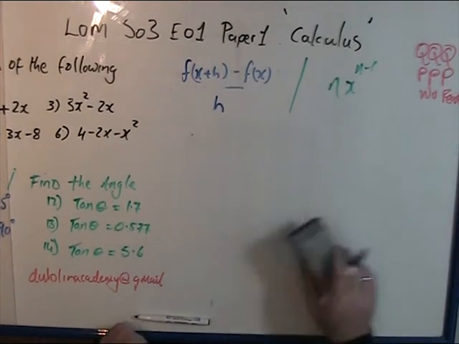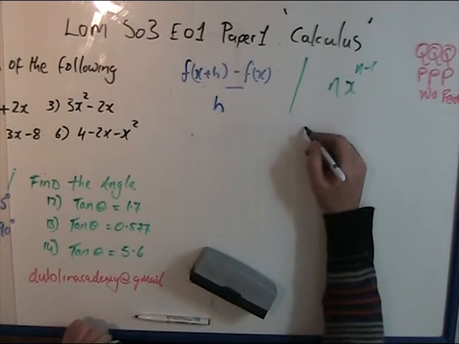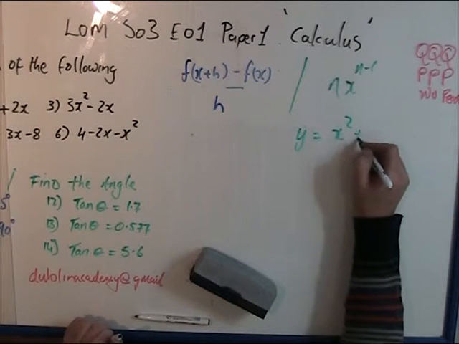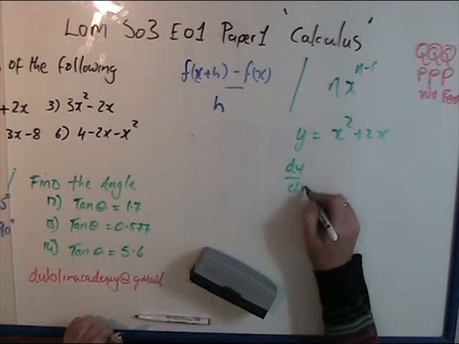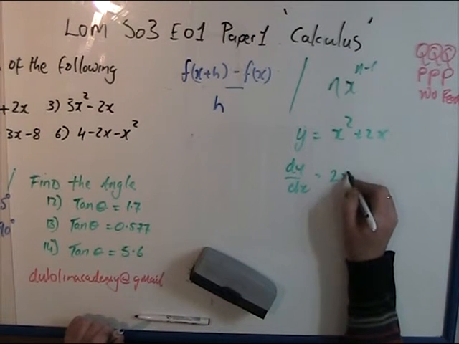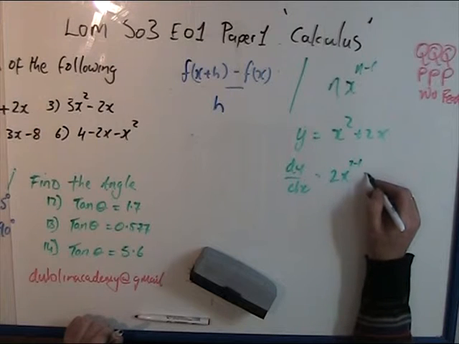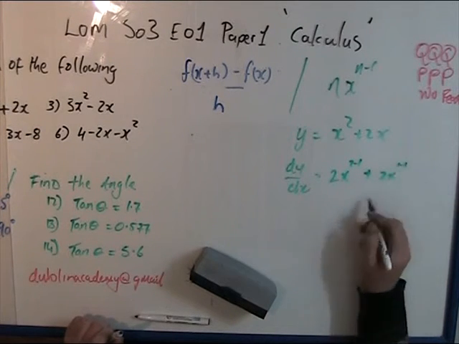So we'll do the next part here. If we were to do it the short way, y is equal to x squared plus 2x. Using the formula dy/dx is equal to 2 times x to the power of 2 minus 1, plus 2x to the power of 1 minus 1, which is 0.